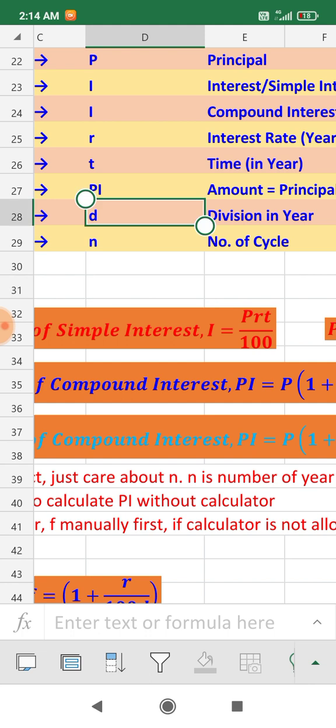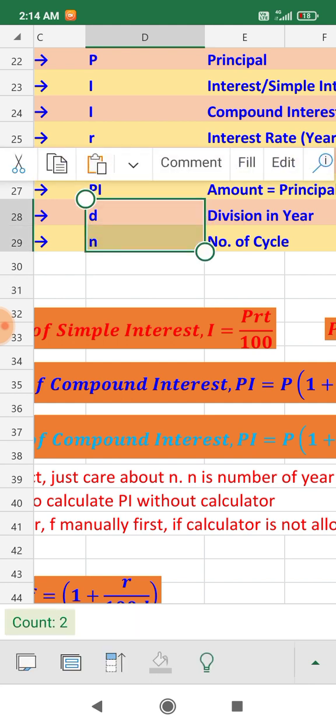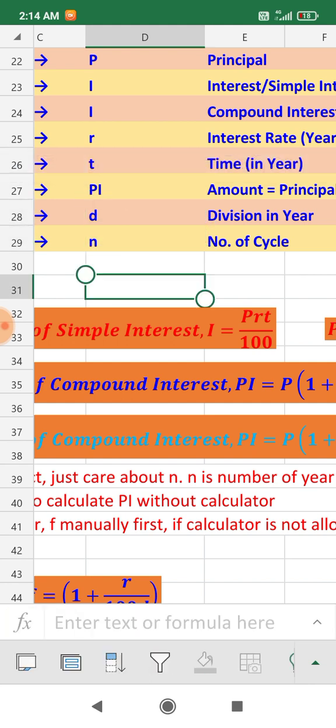Before telling this, we have to know what is actually the compound interest. Compound interest means after a certain time, my interest will be calculated and it will be added to our principal once again.